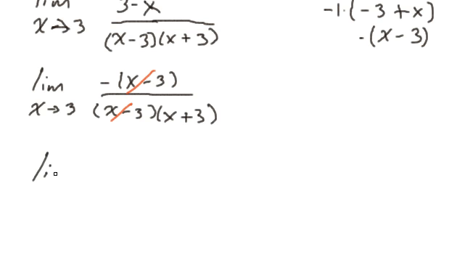So this is the limit as x approaches 3 of, and I'm going to put this negative here, I'm just going to bring it out front, over x plus 3. Now we can do our direct substitution, plugging 3 directly in.